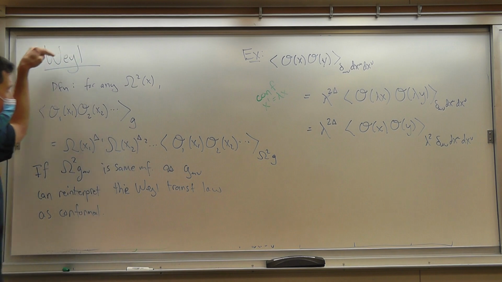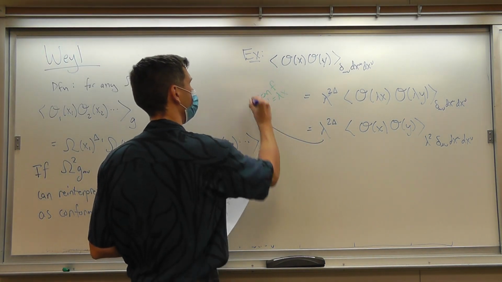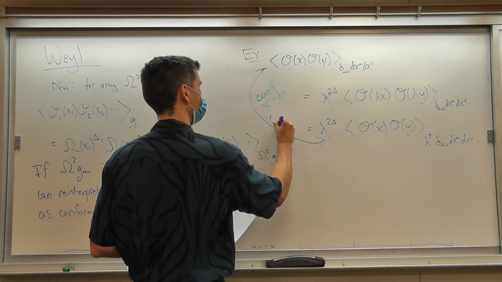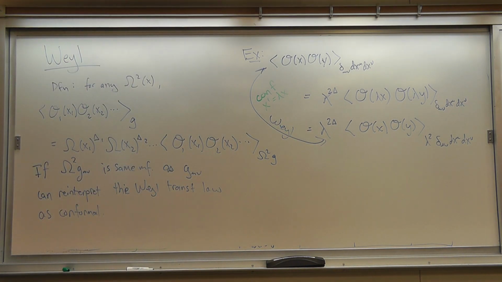And that agrees with our Weyl transformation rule over here. So this equality agrees with our Weyl transformation. Okay, and you can do the same thing for the other conformal transformations.